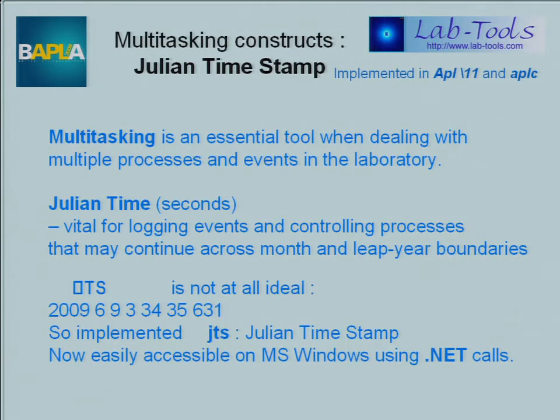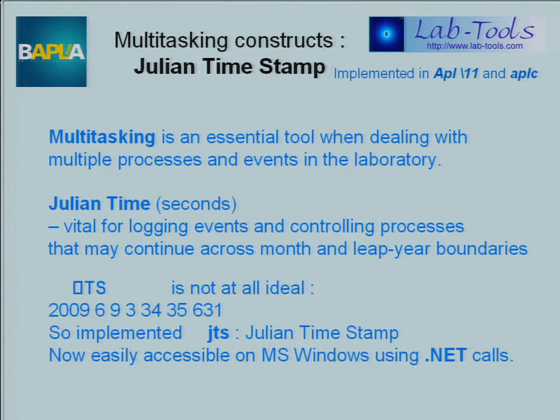So the other feature that APL is increasingly gaining is multitasking. It's an essential tool when dealing with multiple things happening in the laboratory. And one of the first things that I found necessary to add to APL 11 was the ability to access Julian time in seconds, where the quad timestamp was actually too tricky when your measuring event might go over a leap year or the end of a month.